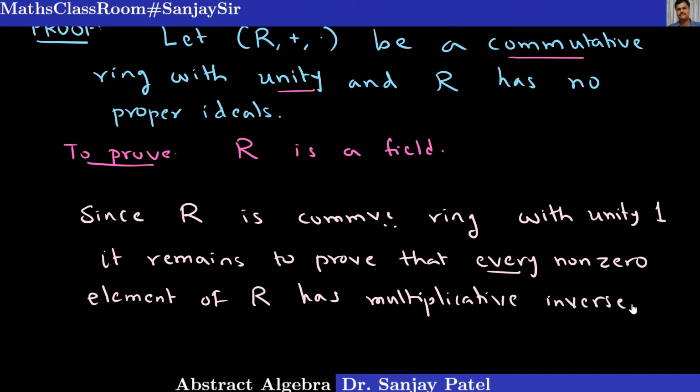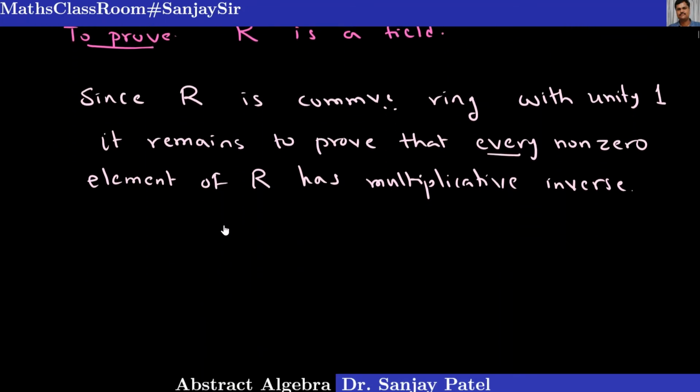To prove this, we must start with any non-zero element in the given ring. So let us consider a belongs to R and a is not equal to 0. What I should prove is that it has a multiplicative inverse. Since a is arbitrary, it follows that every non-zero element of R has a multiplicative inverse.